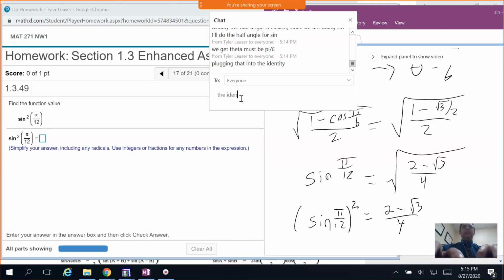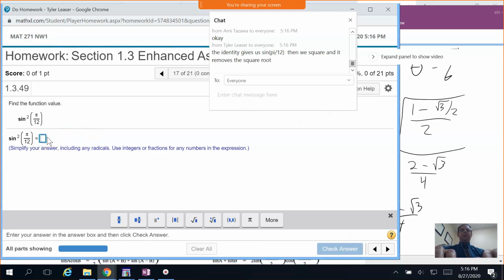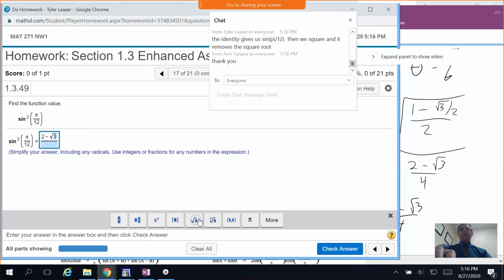So the identity gives us sine of pi over 12. Then we square, and it removes the square root. So just to plug it in, it's the fraction 2 minus the square root of 3, all divided by 4.